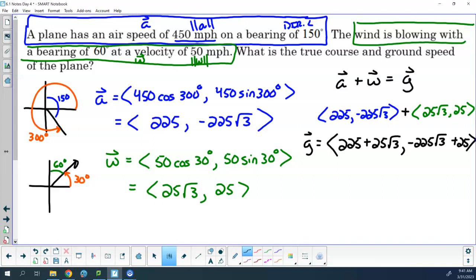If we wanted to stay exact, we could use those going forward.